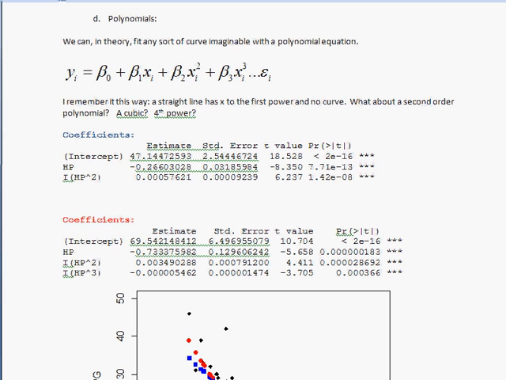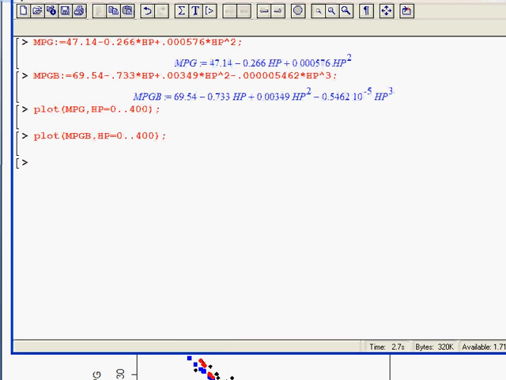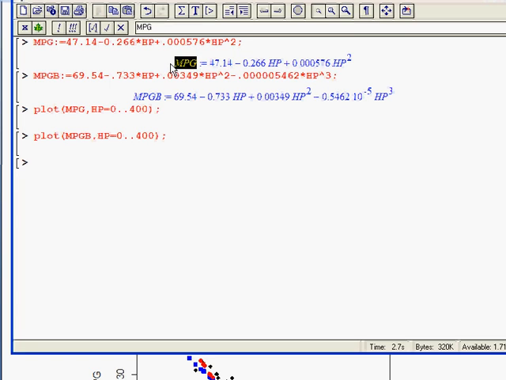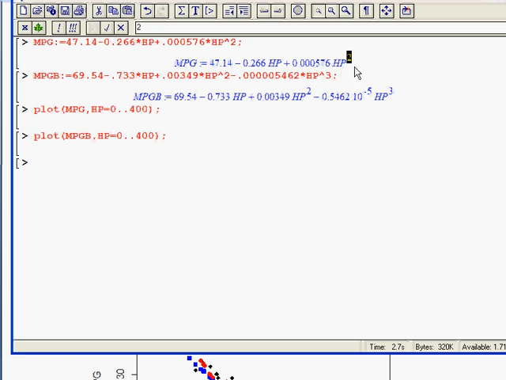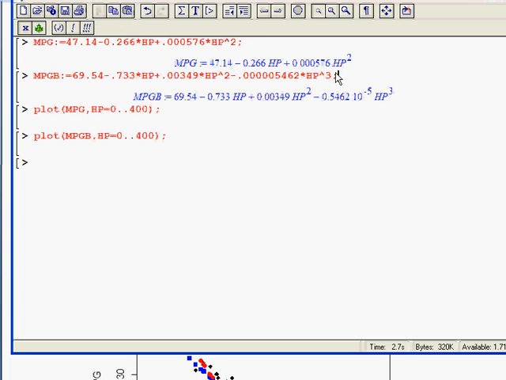And in order to do this, I'm going to use a program on my desktop here called Maple. Maple is just what we call a symbolic algebra program. Don't worry about that. It helps you graph things and do math. So I've just put in the equation here. Miles per gallon equals 47.14 minus 2.66 times horsepower plus 0.000576 times horsepower squared.